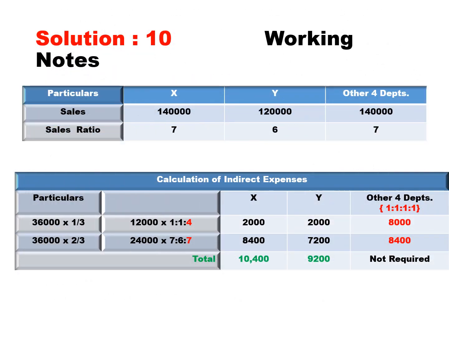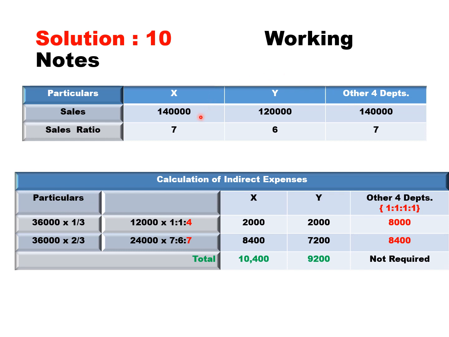So, students, the sales ratio. Sales of X 1,40,000, sales of Y 1,20,000, and the sales of the other 4 departments put together 1,40,000. There are 6 departments: X number 1, Y number 2, and another 4 departments.